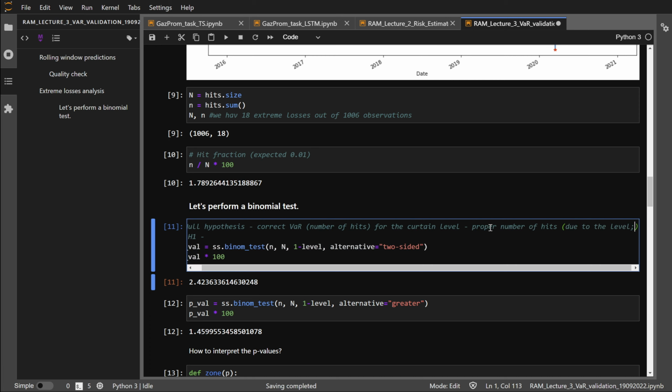Another way of formulating the alternative hypothesis is to say that the actual probability of hitting VAR is greater than 1%.